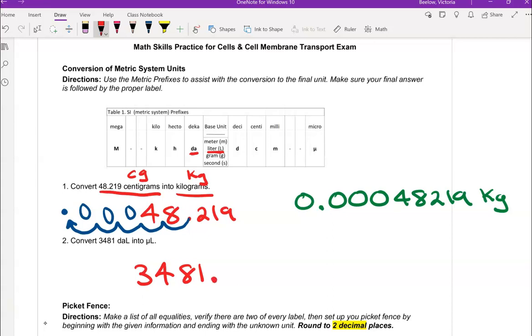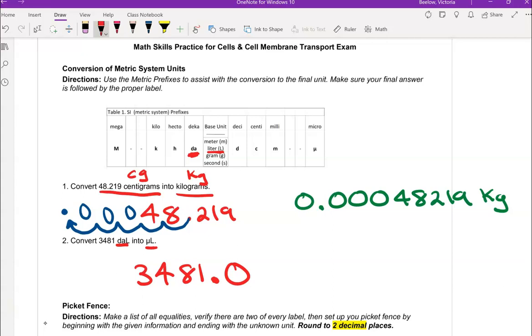So my decimal point is here for my number, right? Because this is a big number. This is 3,481. So I'm going to start at deca. This is decaliters. And I need to convert it into, remember this symbol here means micro. And I'm going to convert it into microliters.